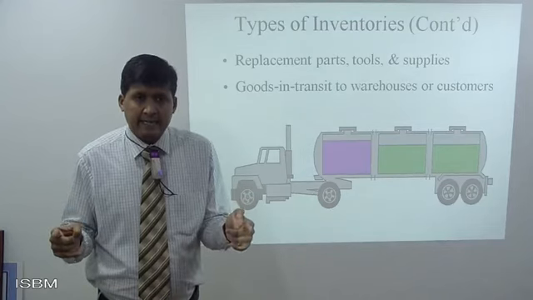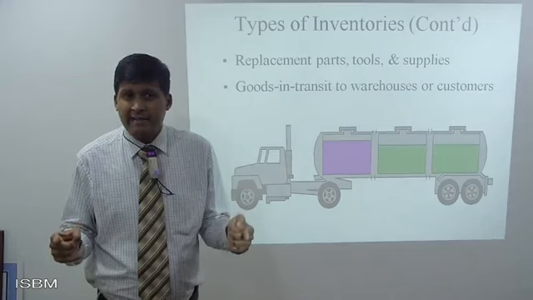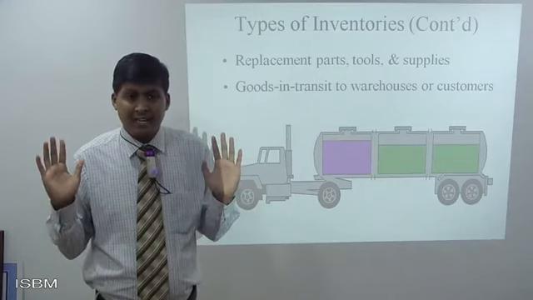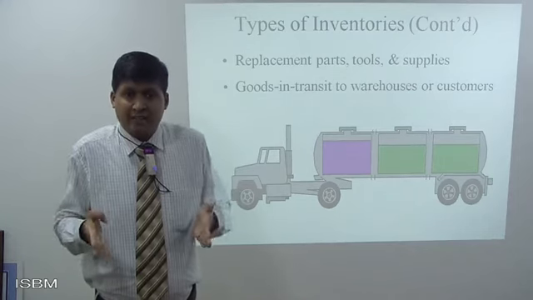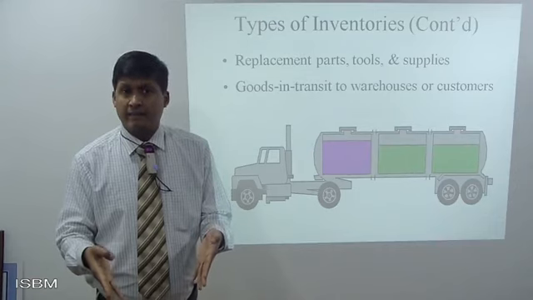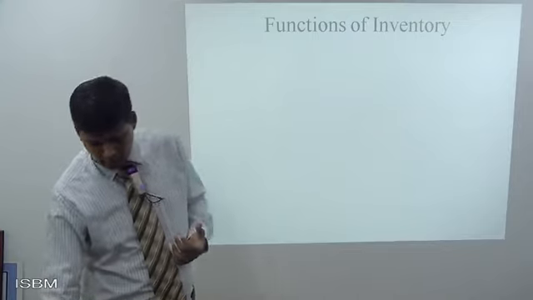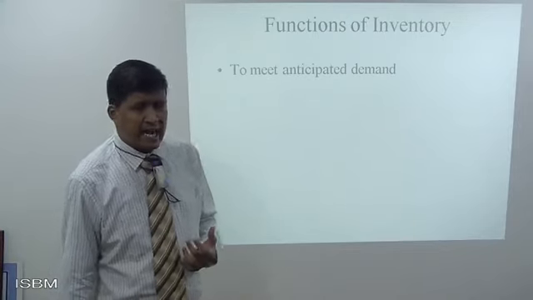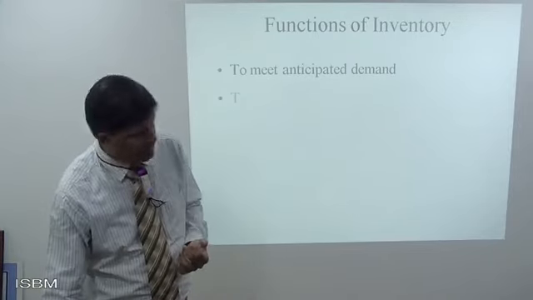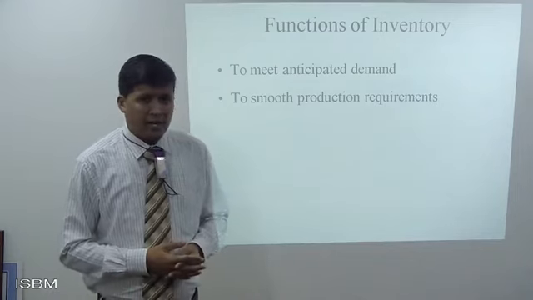That 10 days is also part of inventory because it is not yet sold. So goods even in transit is inventory. Functions, if you look into, are to meet anticipated demand, to smooth production requirements.